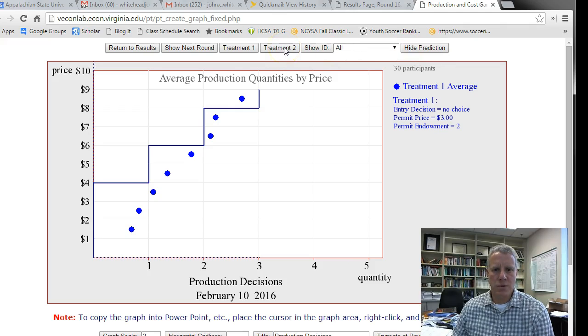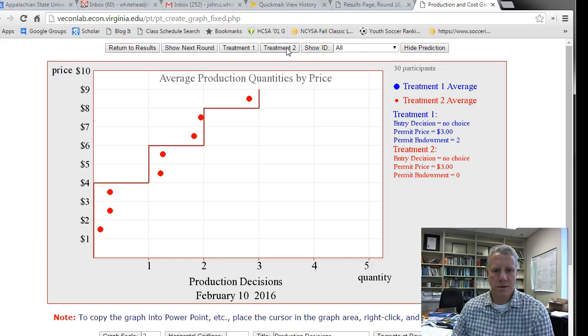Okay, in treatment 2, we were still oversupplying the product until we got to prices above $6.